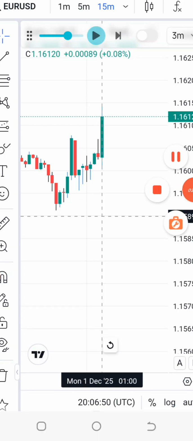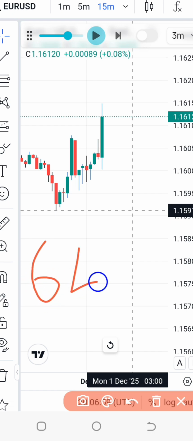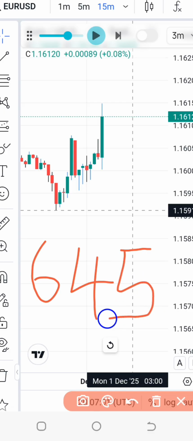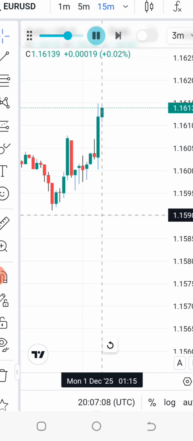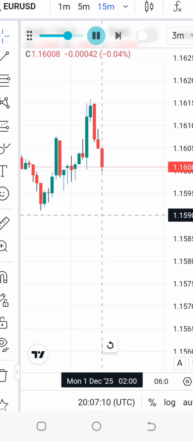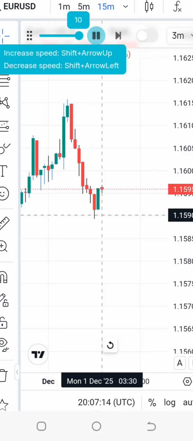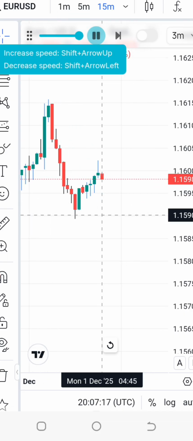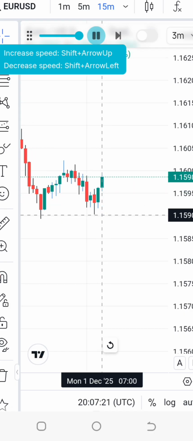We are going to wait until 6:45 a.m. or 7 a.m. on the dot. So let's play price forward until we get to 6:45, 7 a.m.